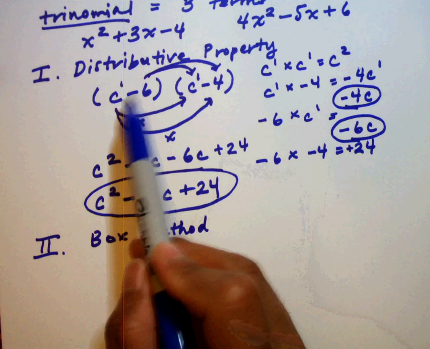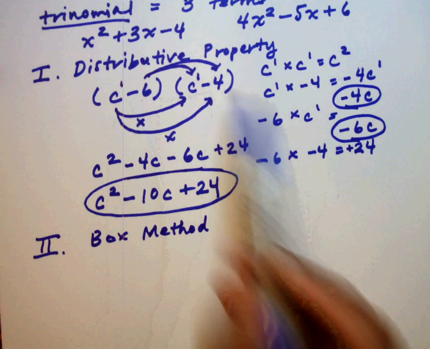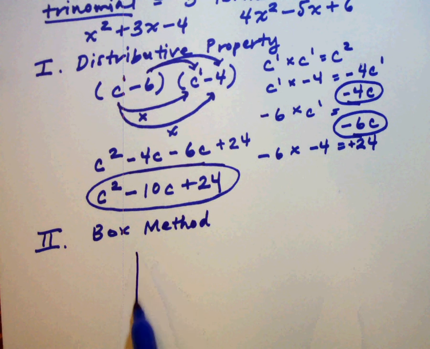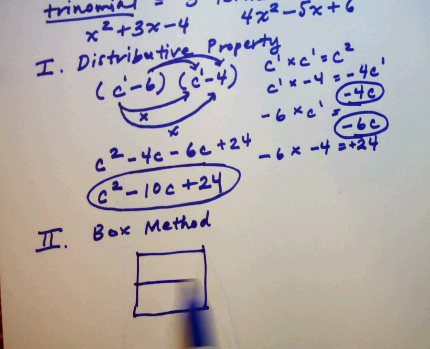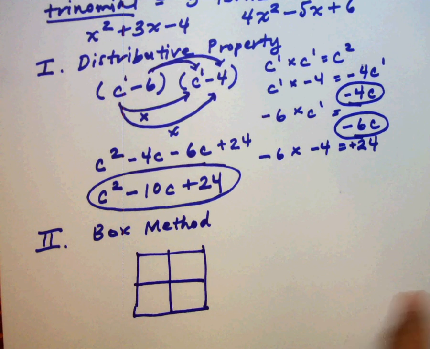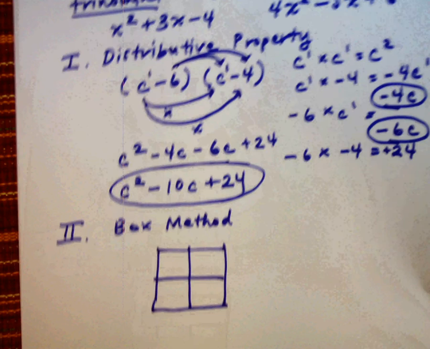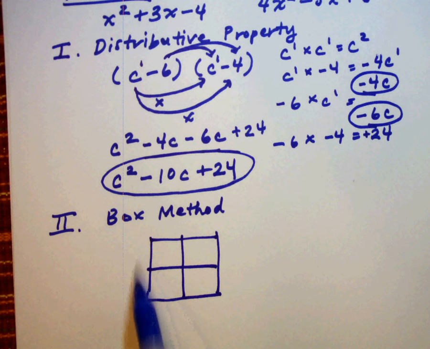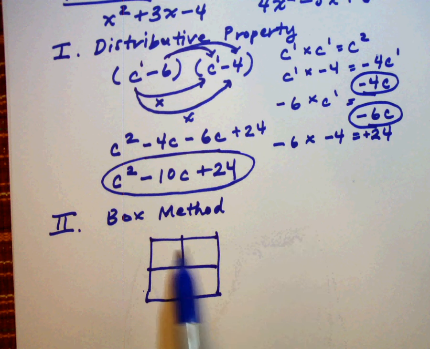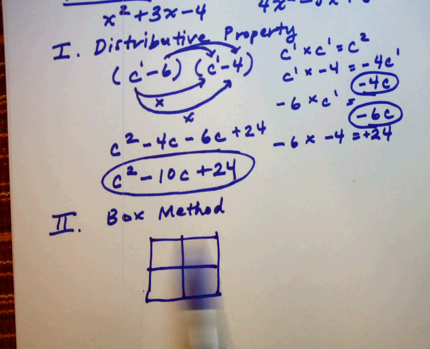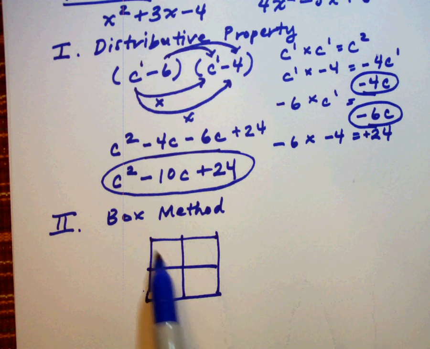I have a binomial with a binomial here. I'm going to multiply them together. So I'm going to say that this is going to be a box which has two individual boxes for this side, and the same thing with this one, two individual boxes for this side right here.